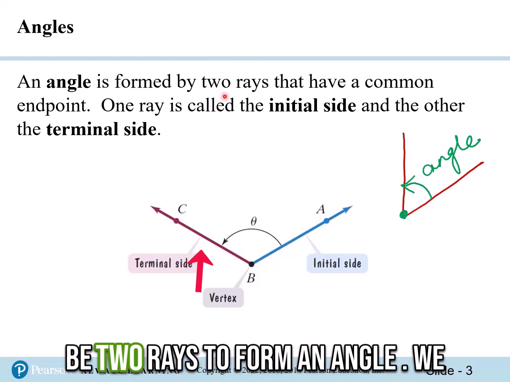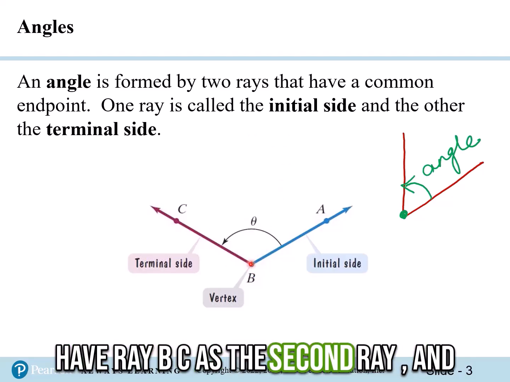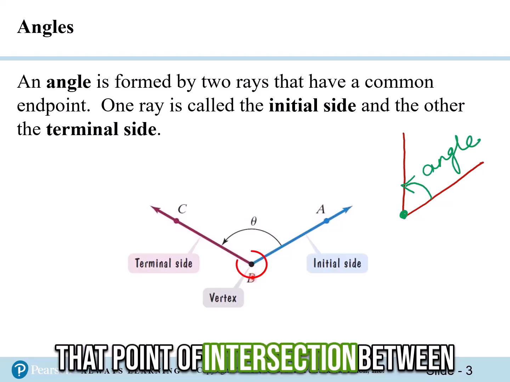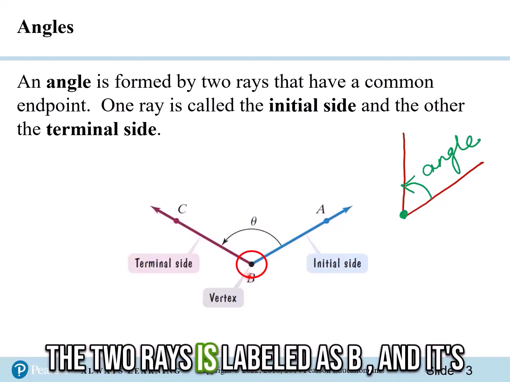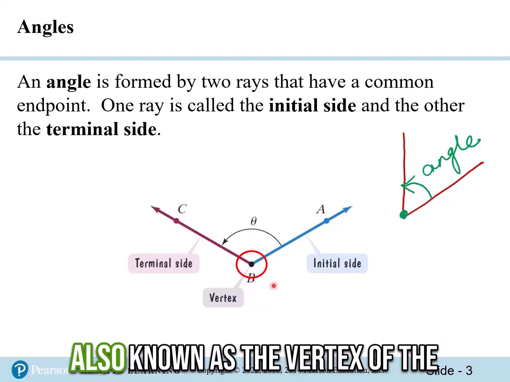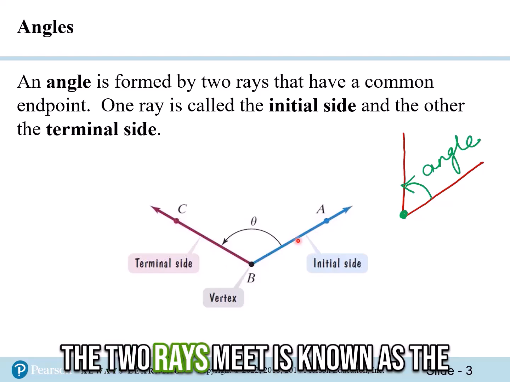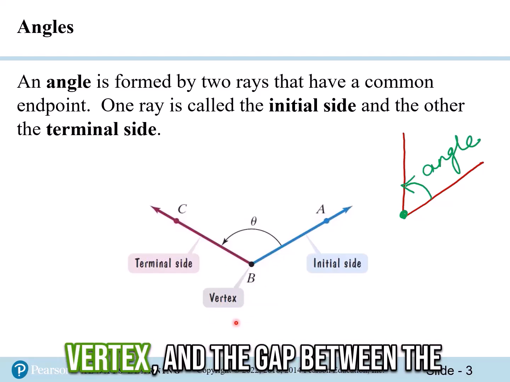There has to be two rays to form an angle. They meet at a common end point. So that point of intersection between the two rays is labeled as B, and it's also known as the vertex of the angle.